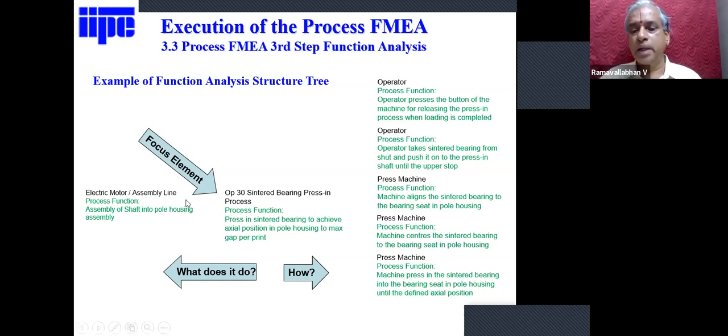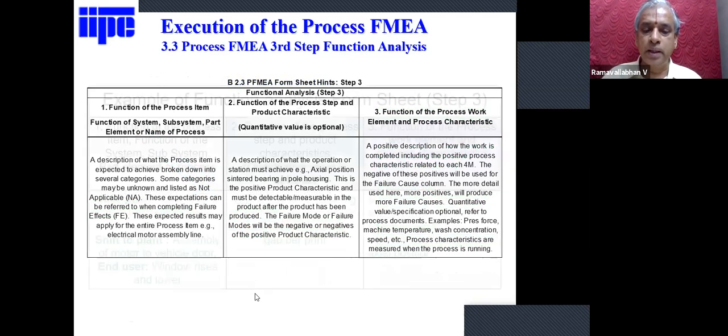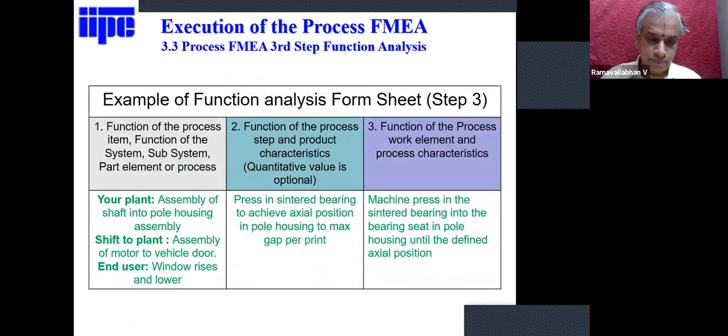And this is carried out by operator and machine. Now putting that into the tabulation: in your plant, what is its function? In your plant, assembly of shaft into pole housing assembly. You are shipping your product to the customer's plant.